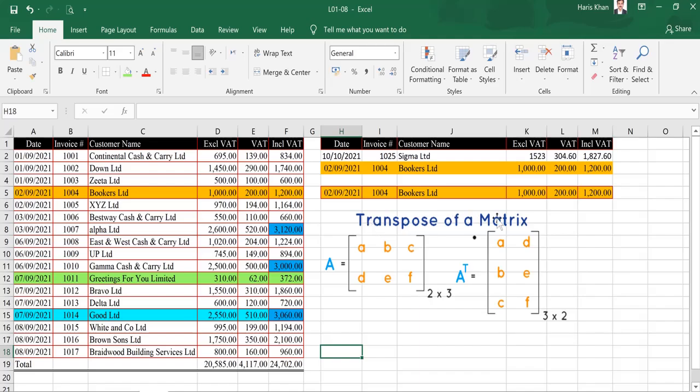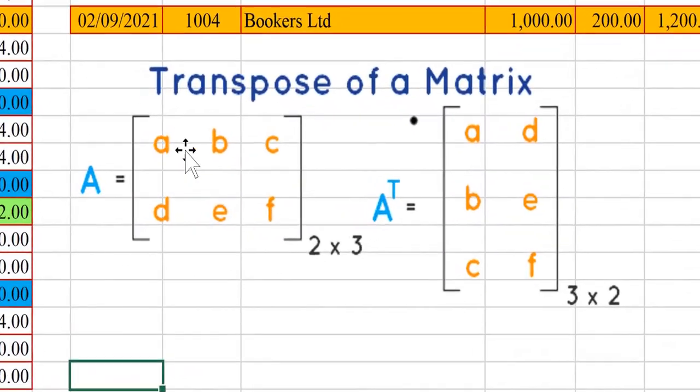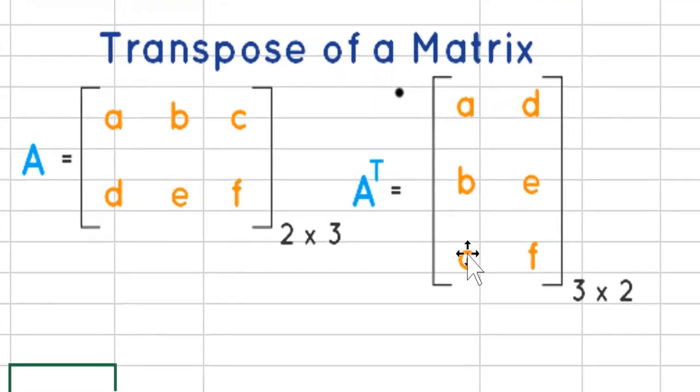In mathematics, transpose of a matrix means conversion of rows into columns or columns into rows. There is a matrix of 2 by 3 and the transpose of the matrix is 3 by 2. That means all of the rows have been converted into columns.